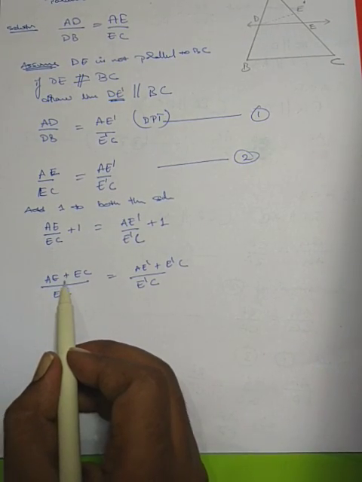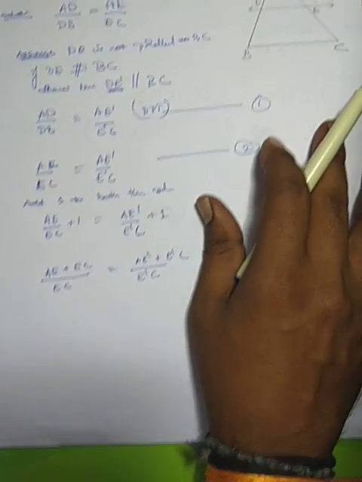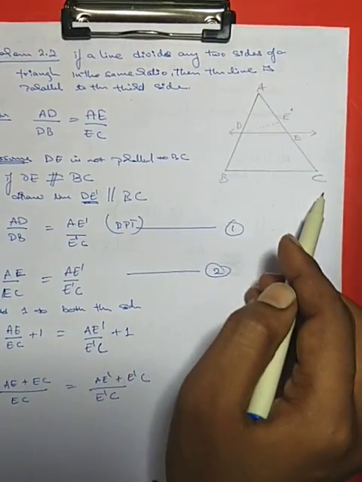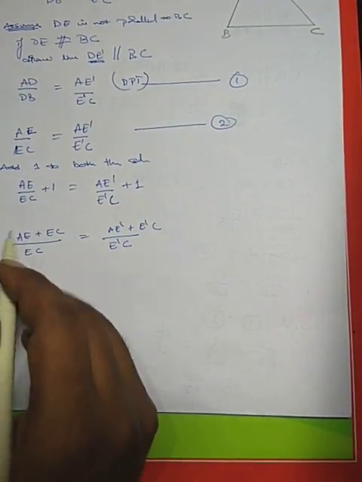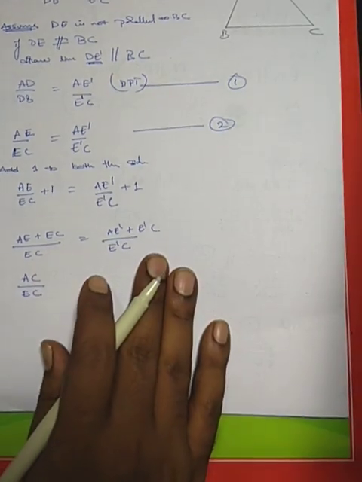So what is AE plus EC? In the diagram, AE plus EC is AC. So we write AC over EC.